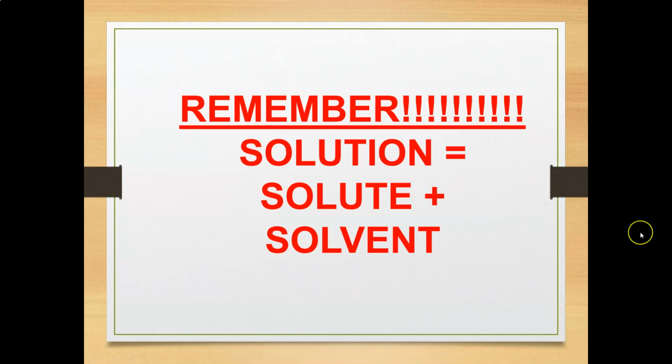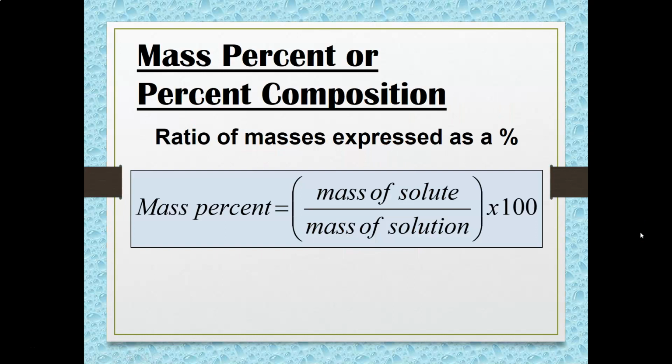So if you have 5 grams of solute and 100 grams of solvent, your mass of solution would be 5 plus 100, right? It would be the sum of the solute and solvent. So you have to make sure you're paying attention to those vocab terms so that you know which numbers to put down here.